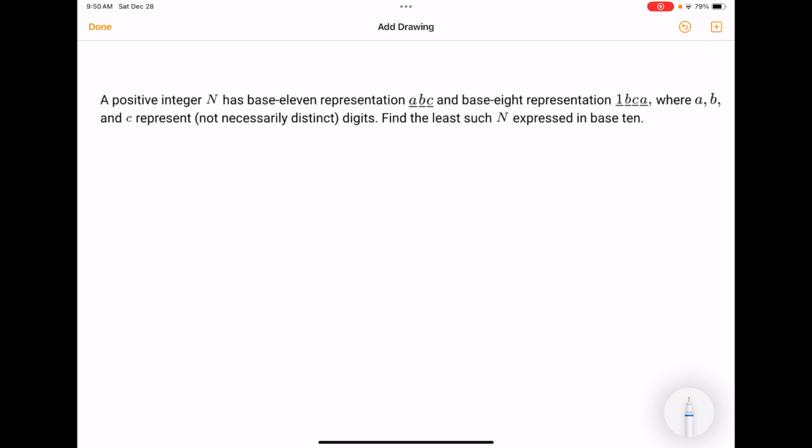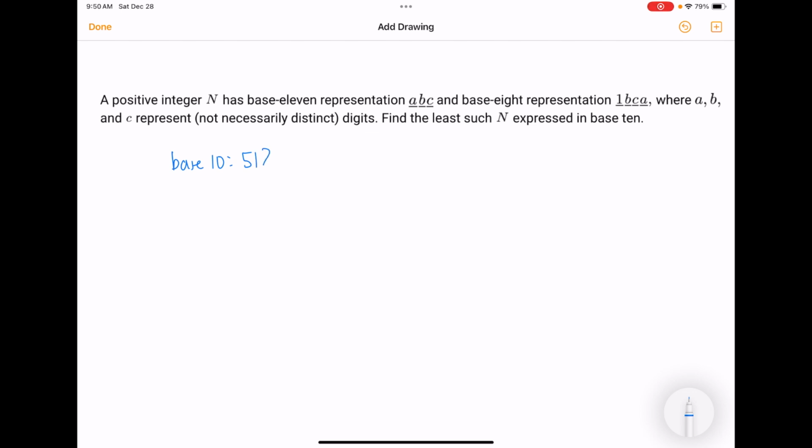So the first thing to note here is that base 10 is just our everyday numbers. All of the numbers that we use are represented in base 10. And so I'm just going to give you a brief introduction to the different base representations. For base 10, like I said, it's just regular numbers.